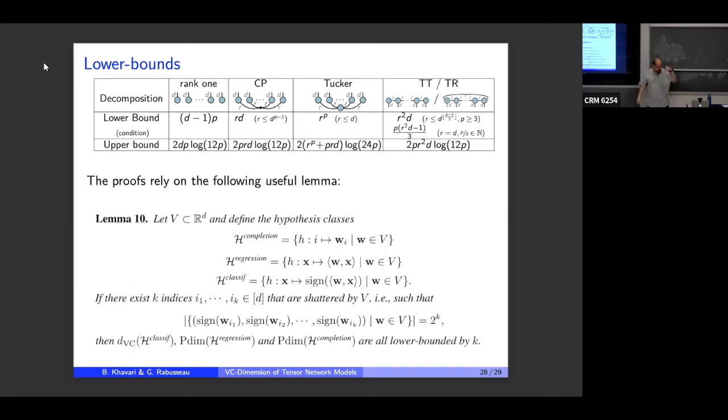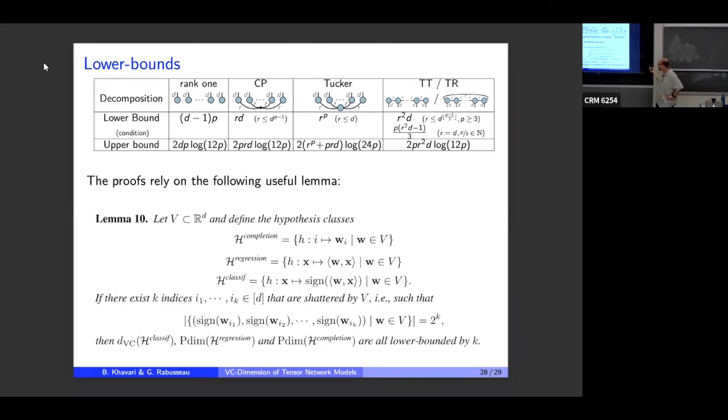I wanted maybe to show some proof, but we won't have the time, and it's already late and it's been a long day. But for the proof of the lower bound, I just want to mention this lemma. That is really not difficult to show, but it was very useful. This is what we use to prove all of these lower bounds.